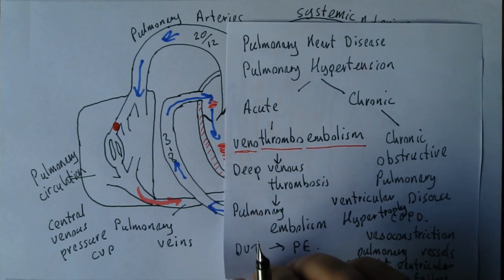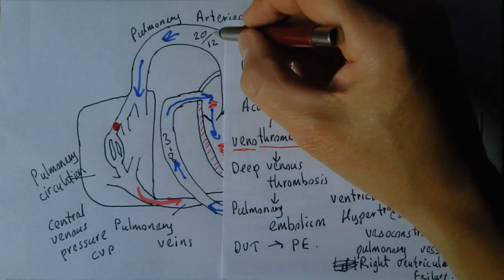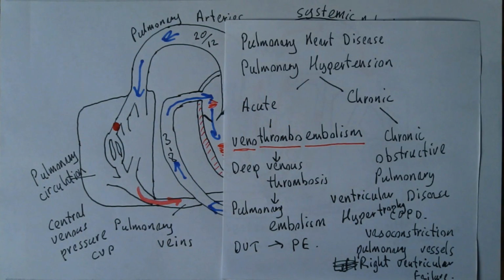So there we have the pulmonary heart disease, the acute and the chronic form. But in both of them, there's going to be pulmonary arterial hypertension.